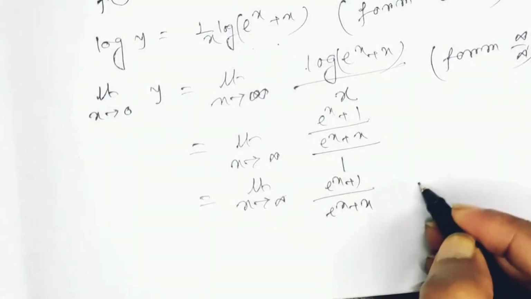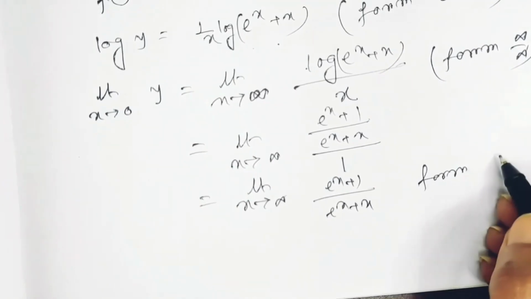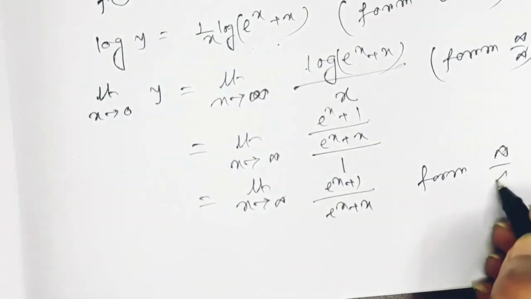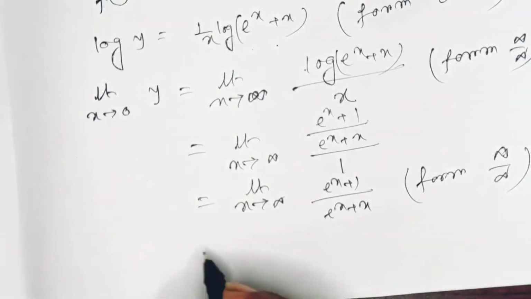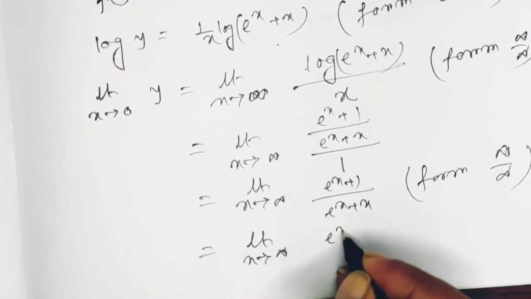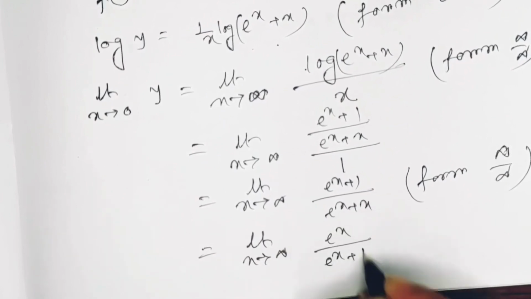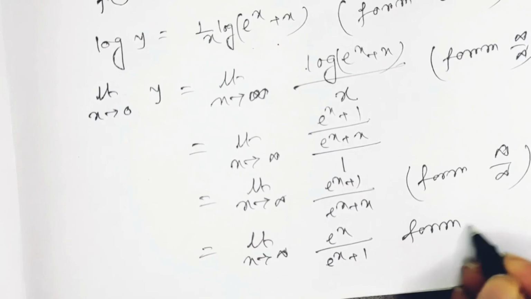For this one, it is again in the form of infinity by infinity, because e to the power infinity means infinity, and this one also gives infinity. So again we take the derivative and we find e to the power x divided by e to the power x plus 1. Now if we substitute the value of the limit, e to the power x means e to the power infinity, so it is infinity, again in the form of infinity by infinity.